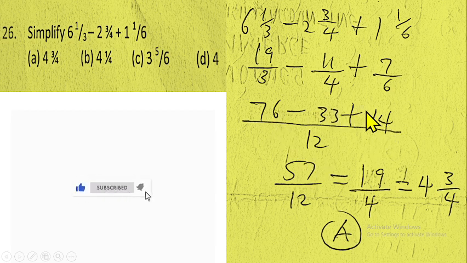So if you simplify the numerator, 76 minus 33 plus 14, that will give us 57 over 12. Then 3 can go in up and down. 3 in 57 is 19. So 4 in 19 goes 4 remainder 3, so that should give us 4 and 3 over 4. That means option A is the correct option for question number 26.